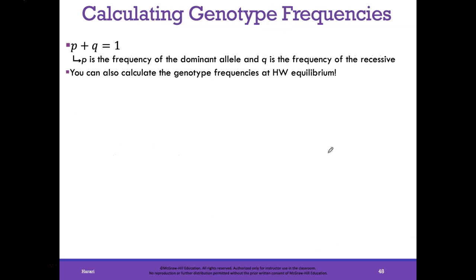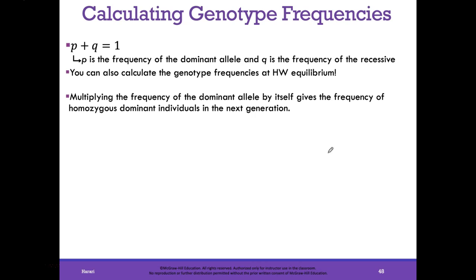So P plus Q equals 1, where P is the frequency of the dominant allele and Q is the frequency of the recessive allele. Using this equation, we can also calculate the genotype frequencies that would be found at Hardy-Weinberg equilibrium. Multiplying the frequency of the dominant allele by itself gives the frequency of a homozygous dominant individual in the next generation. Right? So let's think about it as a math problem.